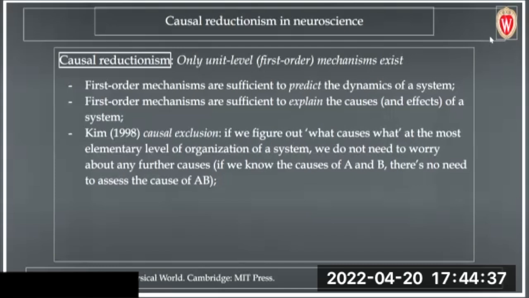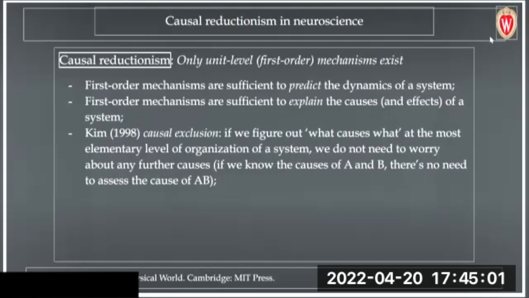The intuition behind it is that first order mechanisms are sufficient to predict the dynamics of the system if we know the state of the inputs of each first order mechanism, a unit like a neuron. We can predict the evolution of the system, and therefore first order mechanisms are also sufficient to explain the causes and the effects at play in a system.